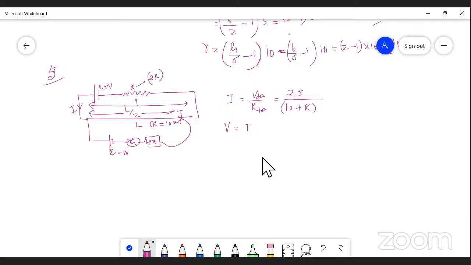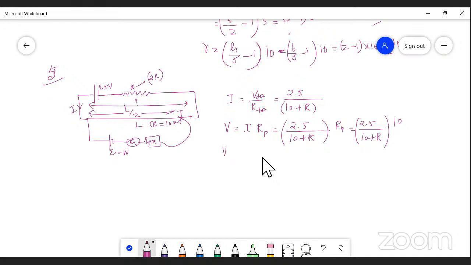V equals I into R, so we can write 2.5 divided by 10 plus R, into the resistance of the potentiometer RP. This is 2.5 divided by 10 plus R, into 10.